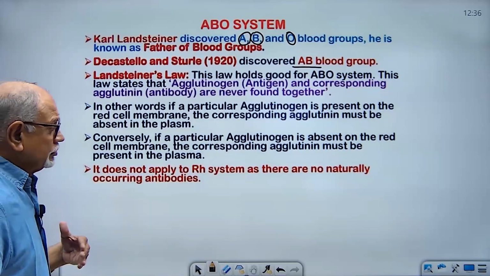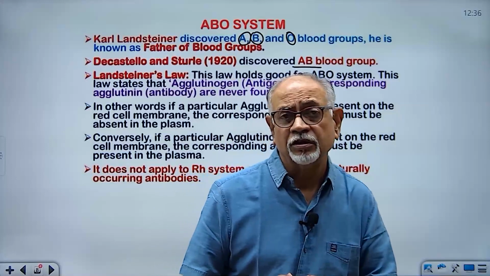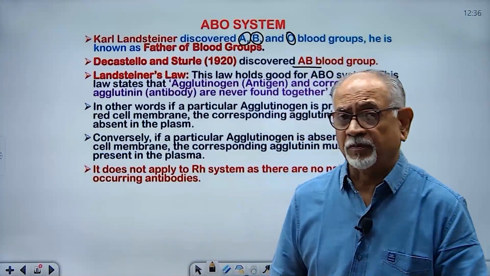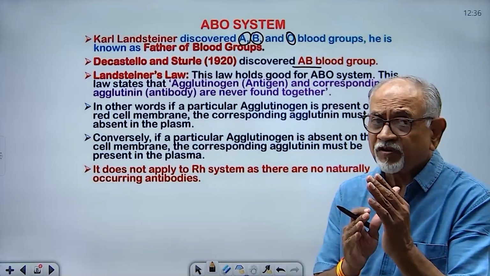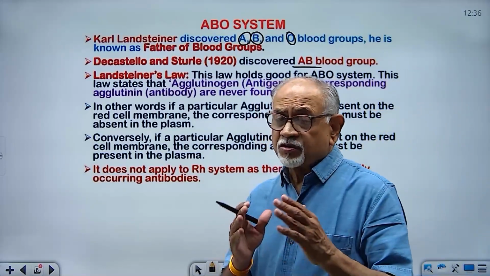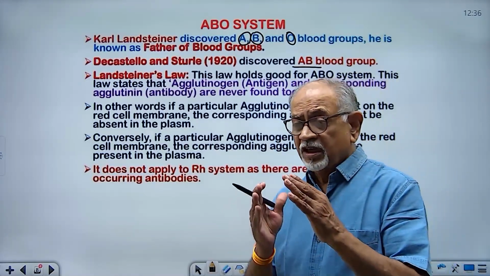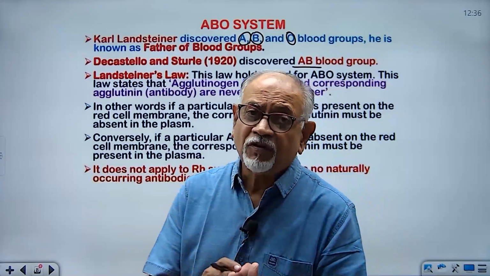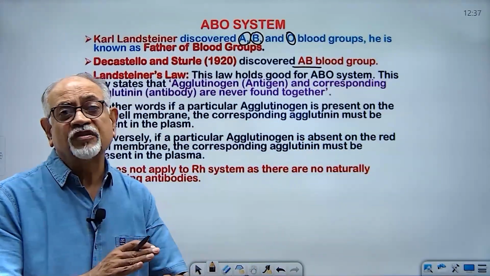This law or this formula does not apply to the RH system, because if RH antigen is present on the RBC, antibody for RH is not present in the plasma.